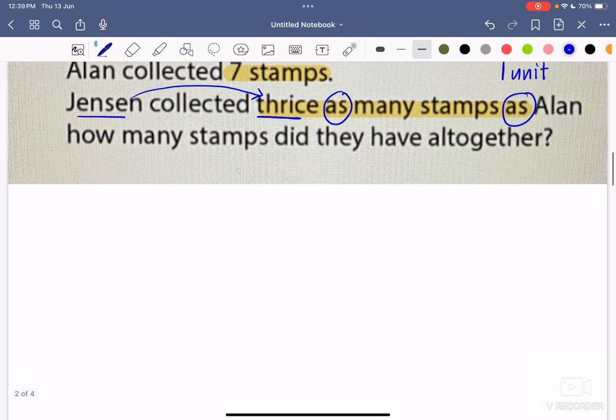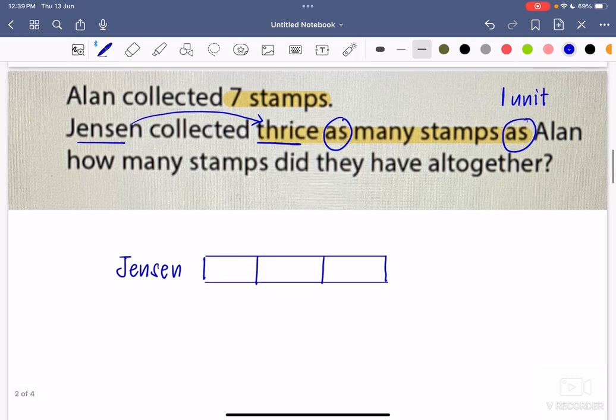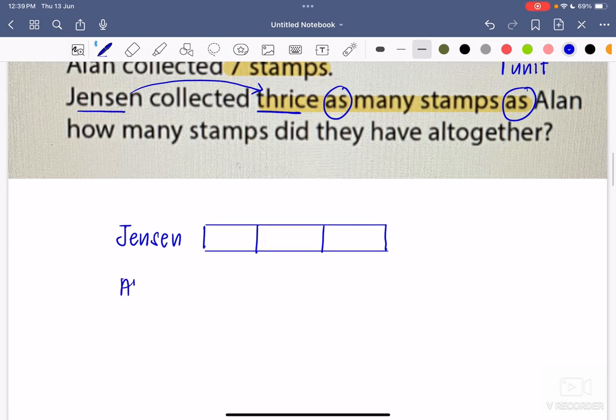Since Jensen and the word thrice come first, Jensen is the one that has 3 times the number of stamps. So this will be 3 bars. Alan only has 1 unit, so you will draw 1 unit.